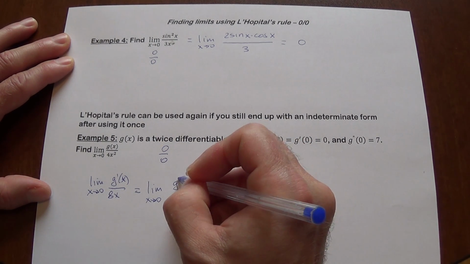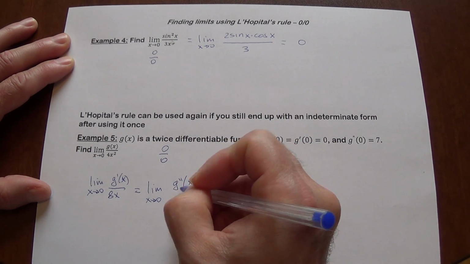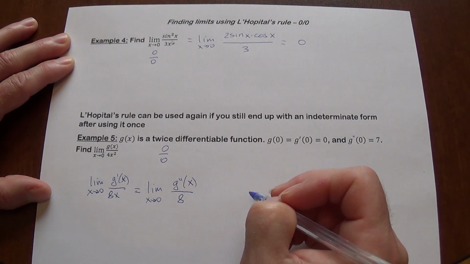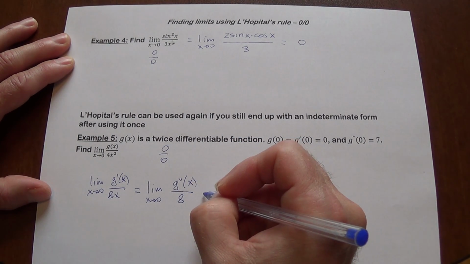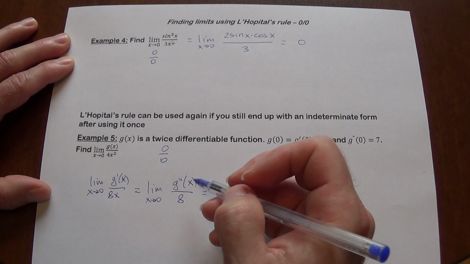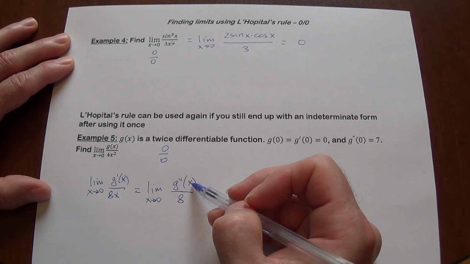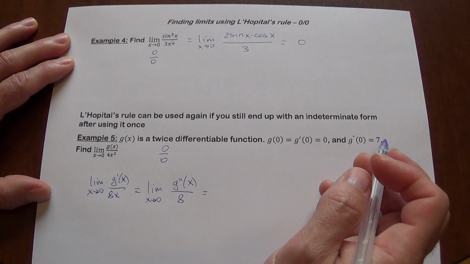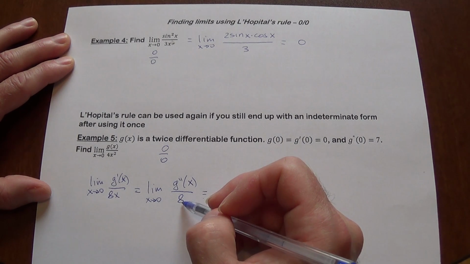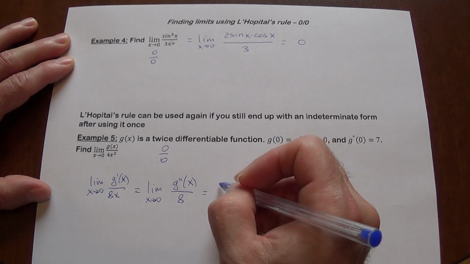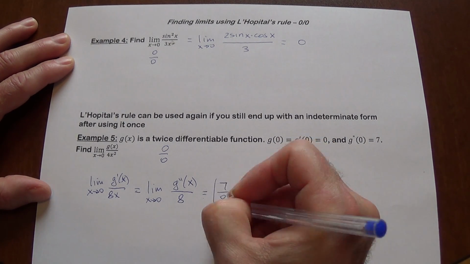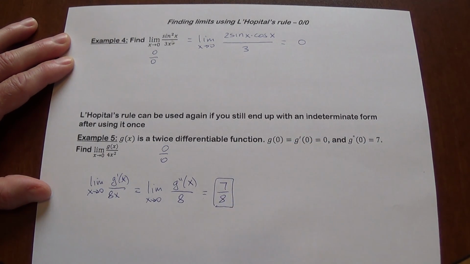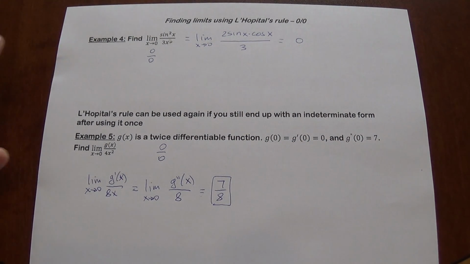So this is going to give me g double prime of x over 8. And now we are probably good because g double prime of 0 is a number, but the bottom, most importantly, is not 0. And our answer is going to be 7 over 8. Okay? So I hope this helps.